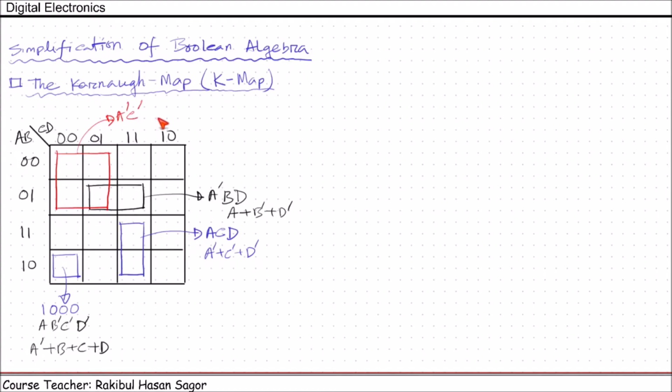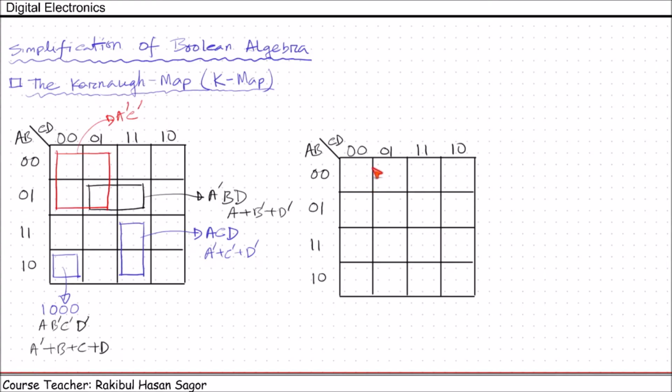Let us see more examples. We'll take a new map. Suppose we want to name this box having 4 adjacent cells. We have 2 horizontal lines and 2 vertical lines. For the horizontal lines, we have A equal to 0, A equal to 1. Both the values of A are covered.